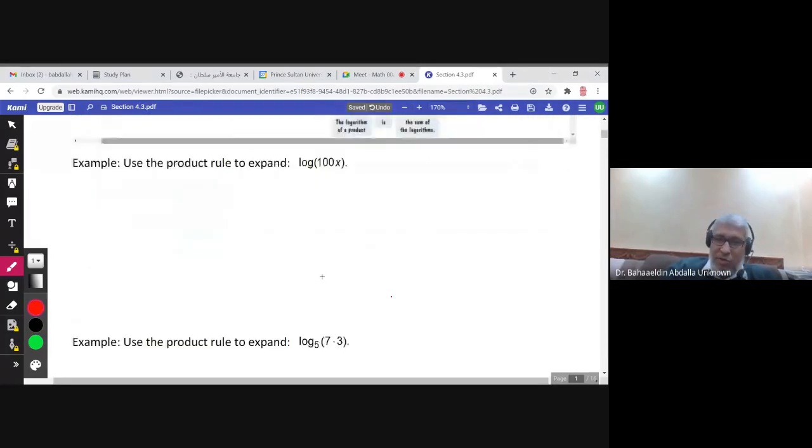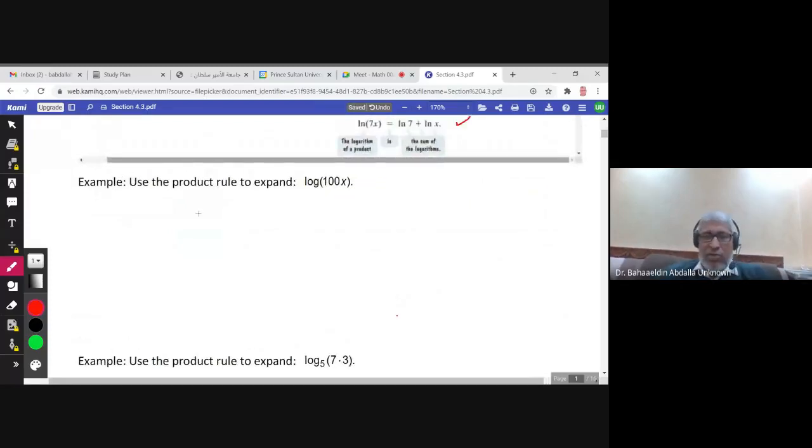So for example, ln 7x would be equal to ln 7 plus ln x. This is an example of the product rule because 7 is multiplied by x. So that's the product rule. Here, use the product rule to expand. You can write it log 100 plus log x.